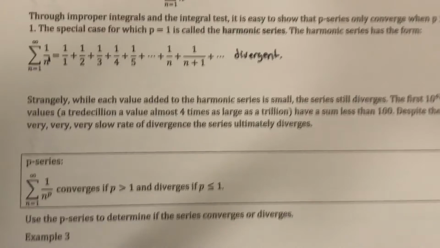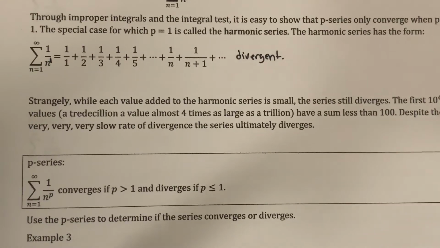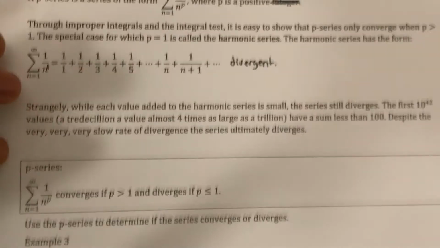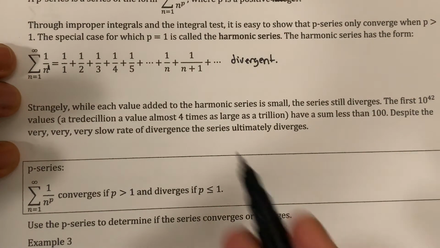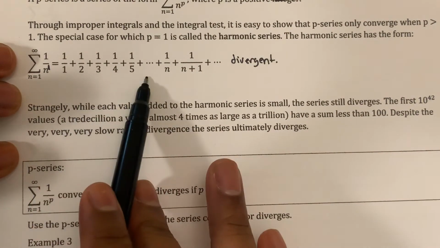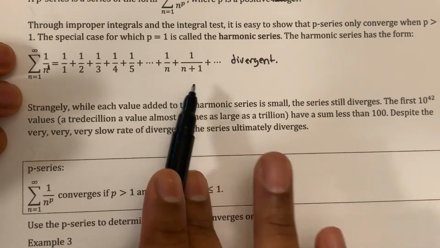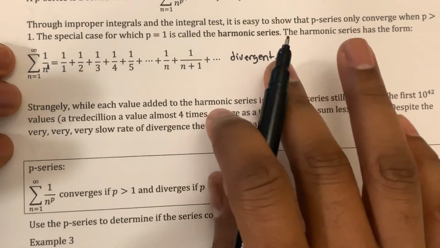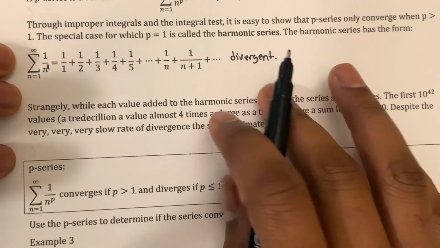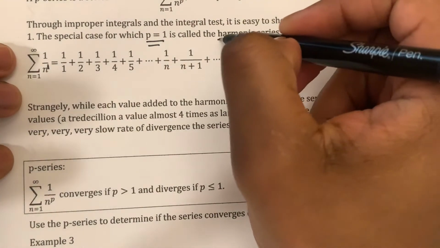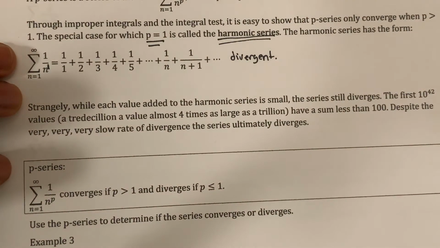If you look around on the internet, you can find a pretty cool proof that shows that even though every value that you add is progressively smaller, you can group together enough terms to show that a certain group of terms adds up to be a half, and you can just infinitely add a half over and over again, which means that the series has to be getting larger. This diverges very slowly, but it is divergent, and it's divergent because p equals 1. And again, that's the harmonic series when p equals 1.